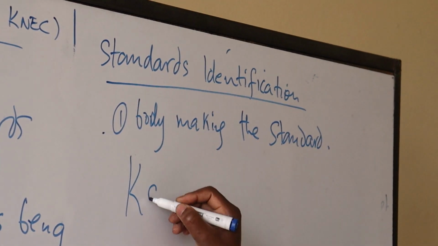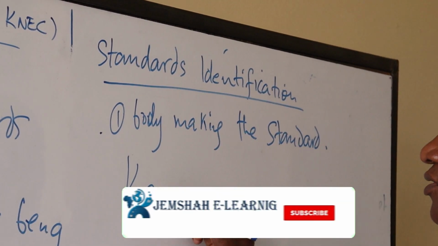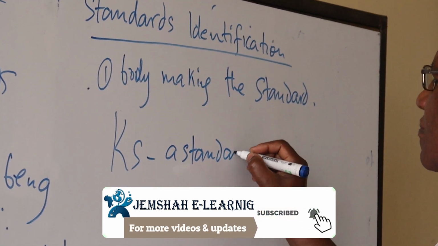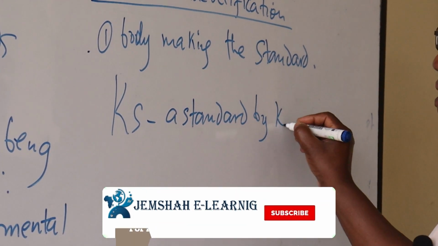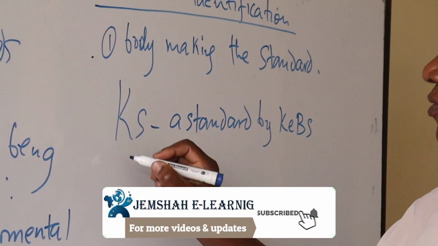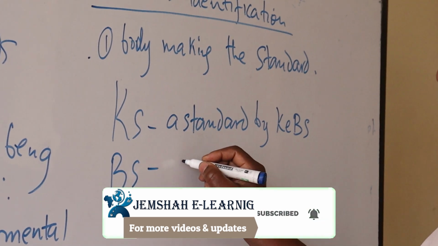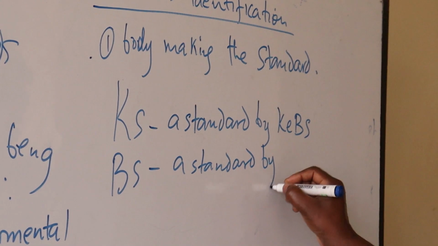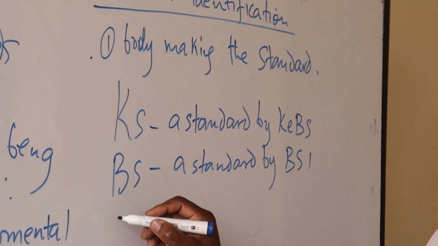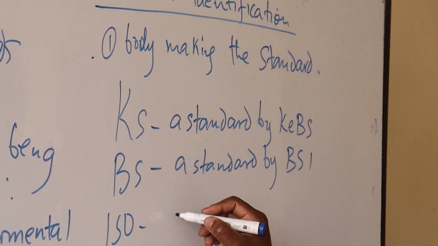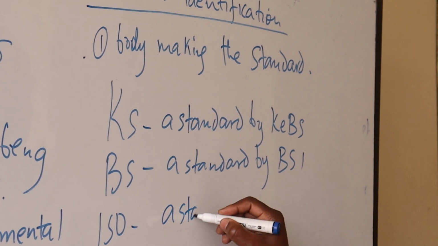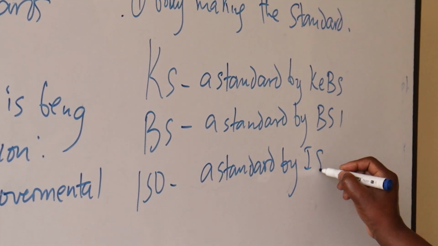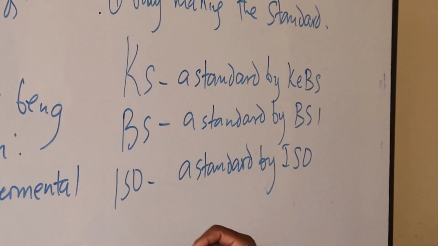Well, in Kenya, I think we use KS. So KS is a standard by KEBS. BS is a standard by BSI, and ISO is a standard by ISO. Now these are followed by a number.